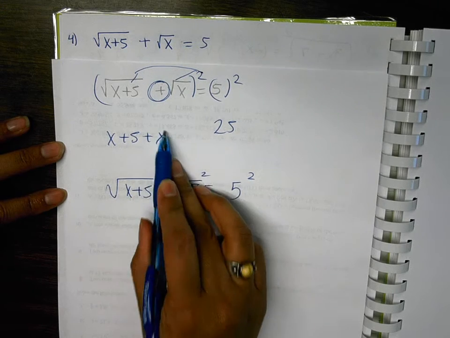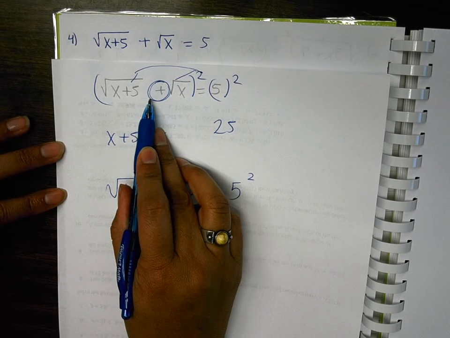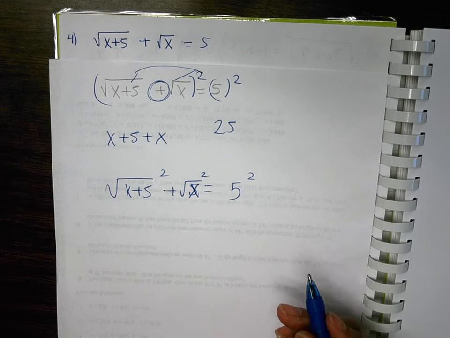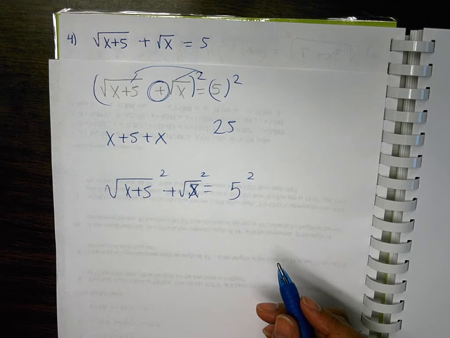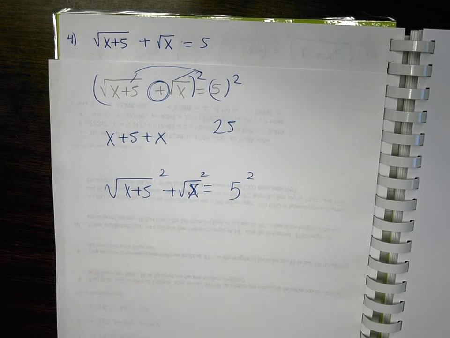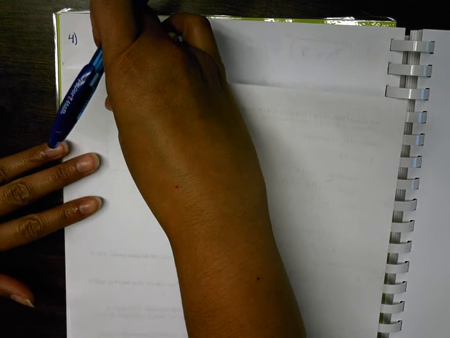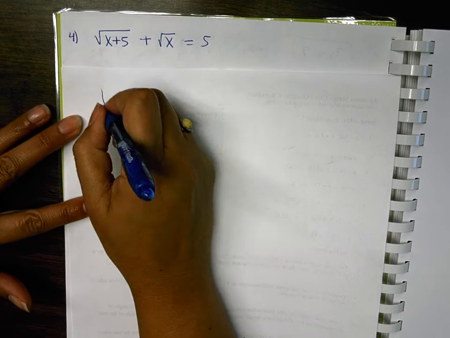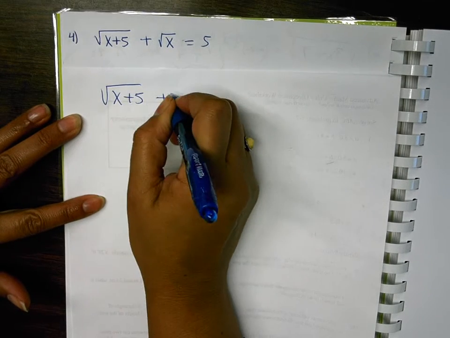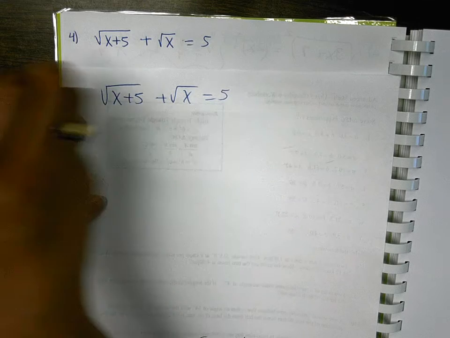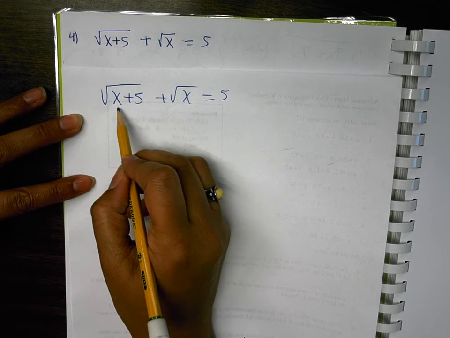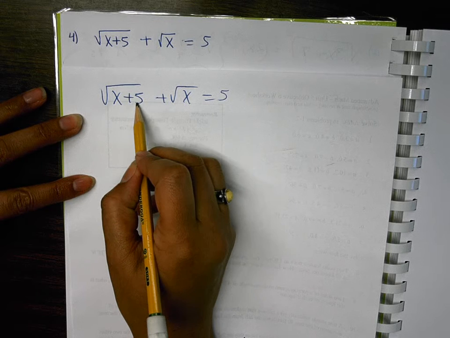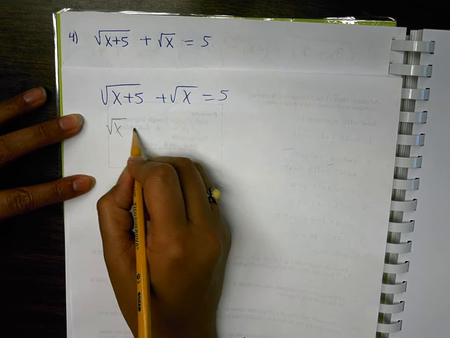Can we distribute when there's a plus sign inside? No. Could you take the x plus 5 under the square root sign and give each its own square root, the x, and then do the same to the 5, and then square those?